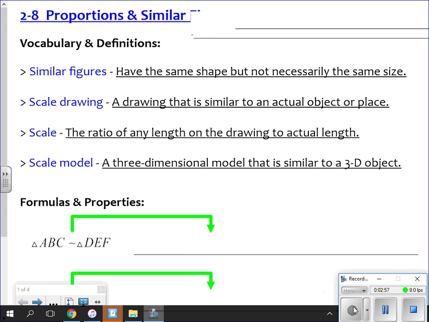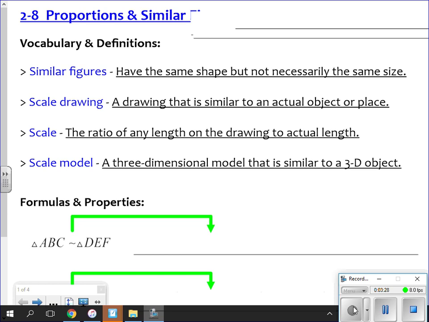Often an architect, particularly if it's a large object, will build a scale model, a 3-dimensional model of it, not the full size, but a scale one, in order to visualize better what it's going to look like. I've done that before when designing things. I'm going to build a smaller version out of cardboard rather than the large version out of wood, so I can get an idea what it's going to look like.